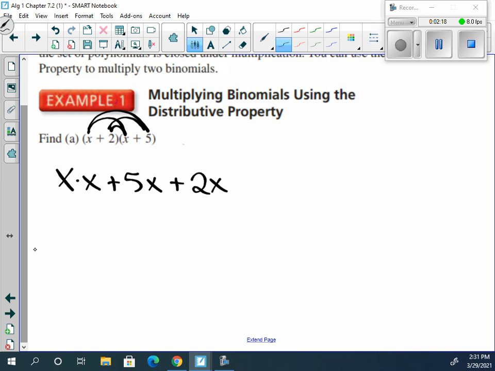So any questions on this so far? And lastly, 2 times 5 is plus, because they're both positive. 2 times 5 would be? It is 10.